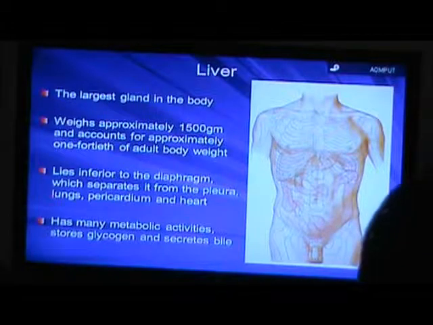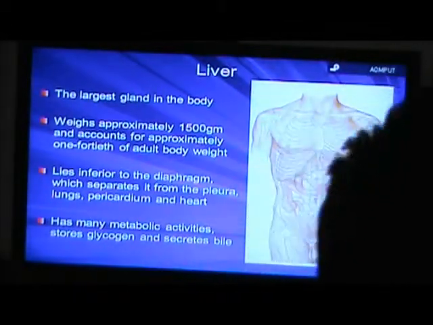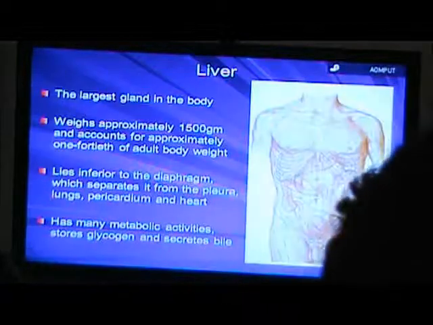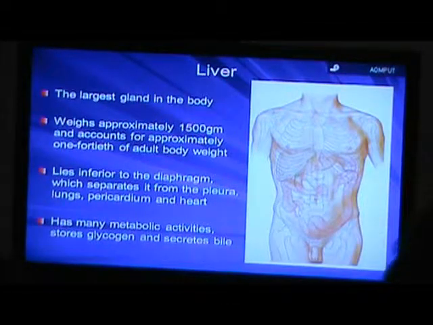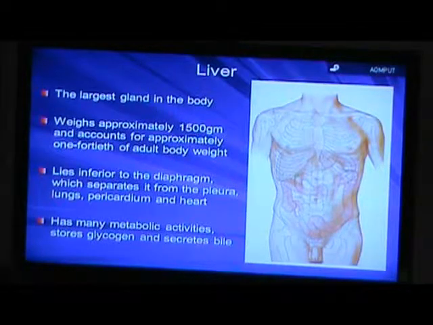We can't live without liver. We can live without the spleen. We can live without stomach, without kidney. Yes, because it's possible to prolong the life of the patient. Without liver, we can't live.